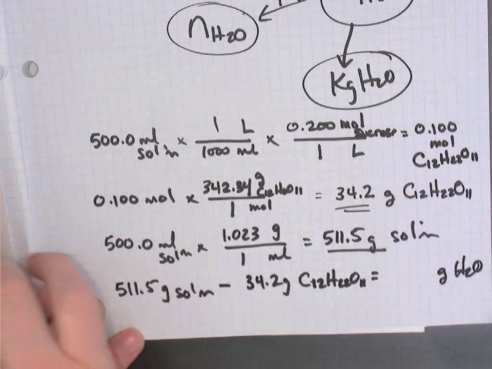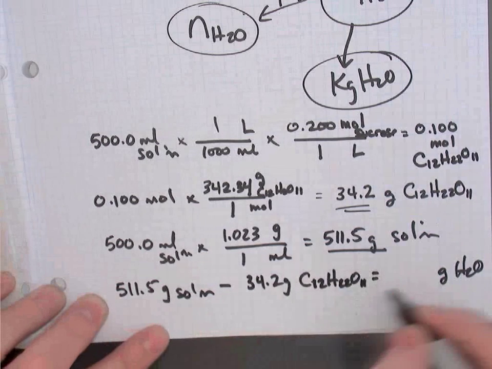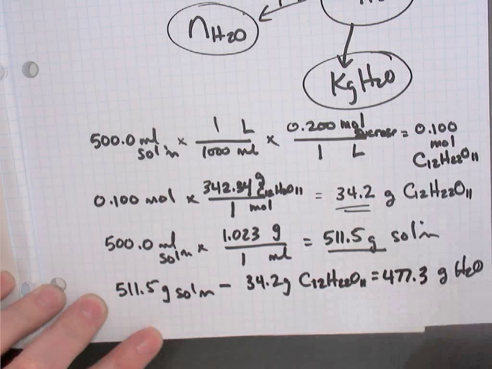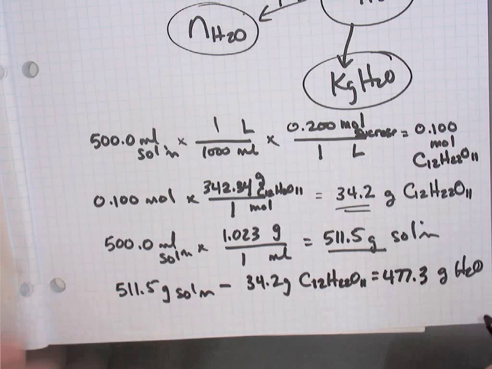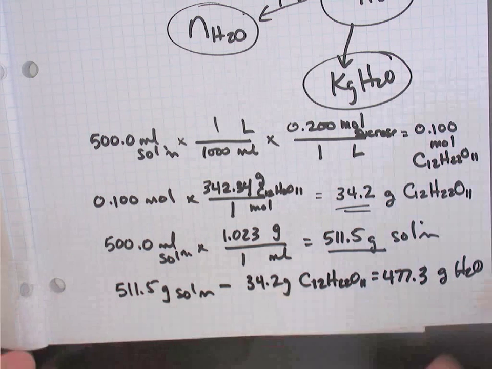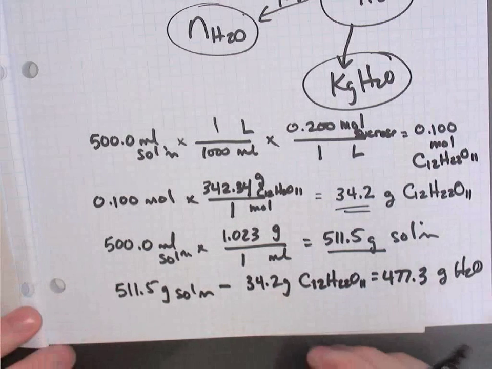So 511.5 minus 34.2, there's 477.3 grams of water. Remember, when you're subtracting and adding with significant digits, you round off by the decimal places. So since each of those numbers had 1 decimal, I kept 1 decimal in my answer.